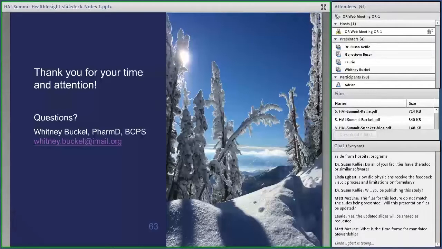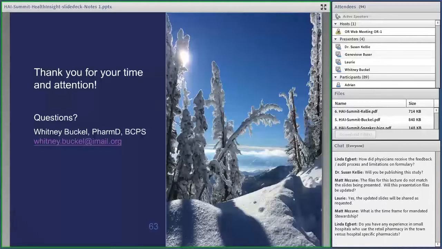How did physicians receive the feedback, audit process, and limitations on the formulary? That's a great question. Before we did the 15-month intervention phase, there was a 6-month education program. The prep work leading up to it is really important, to get buy-in. We did a lot of site visits and met with providers and explained our rationale.